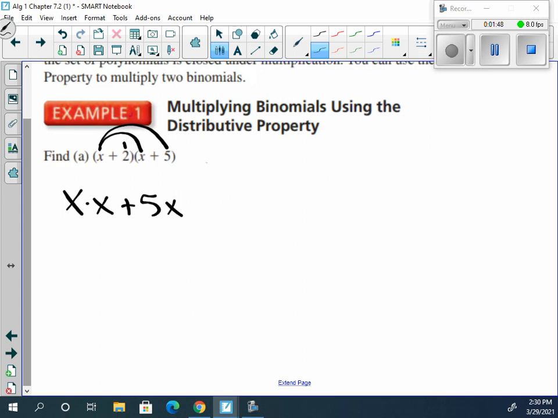Now we move on to the 2. So we're going to multiply both of the terms by 2. Now 2 and x are both positive, yes? So we're going to have plus. 2 times x is 2x.